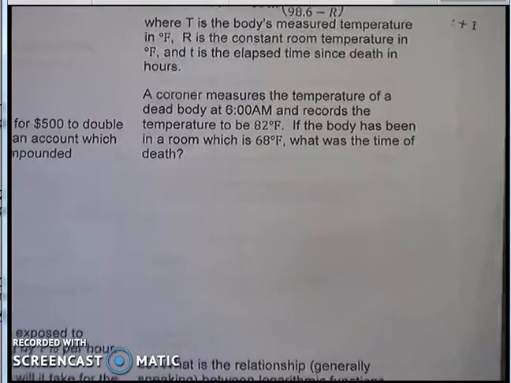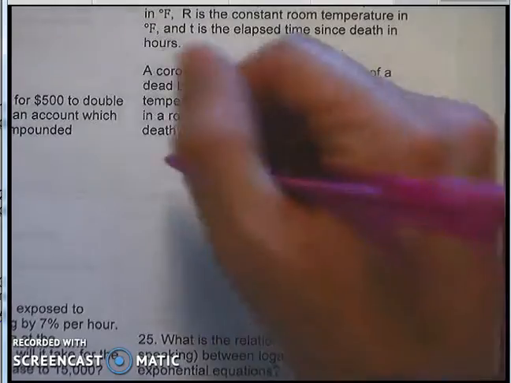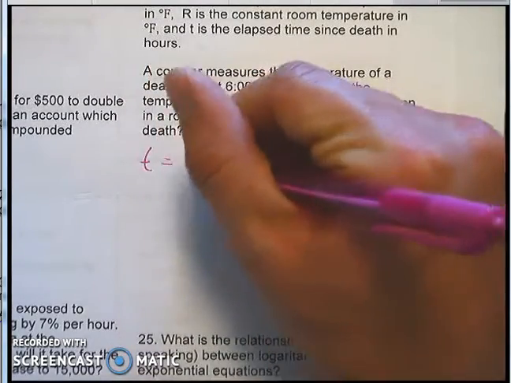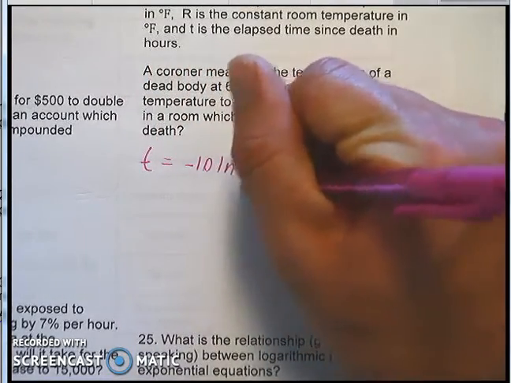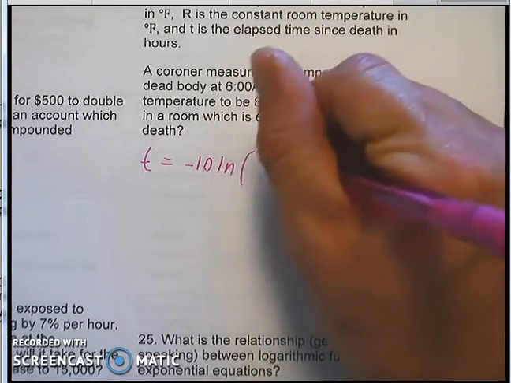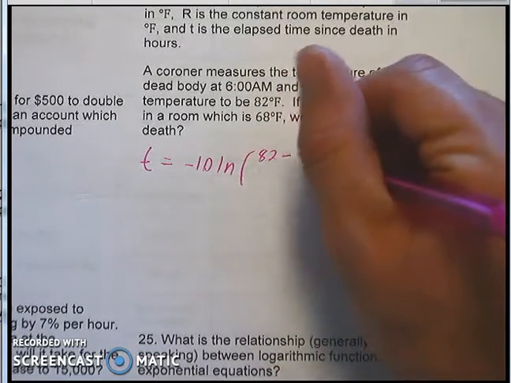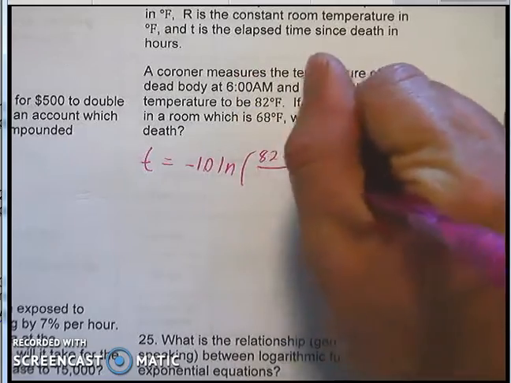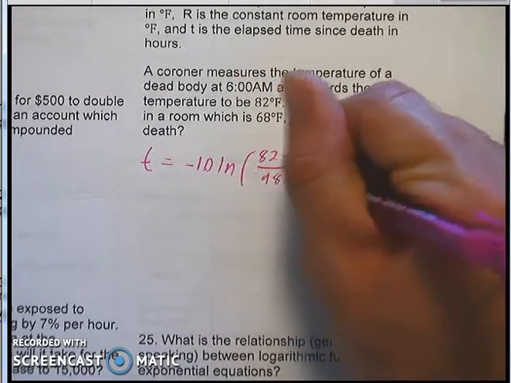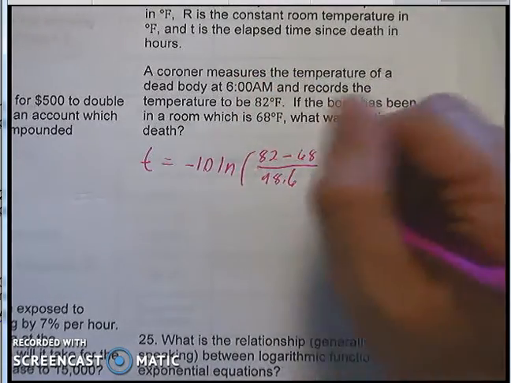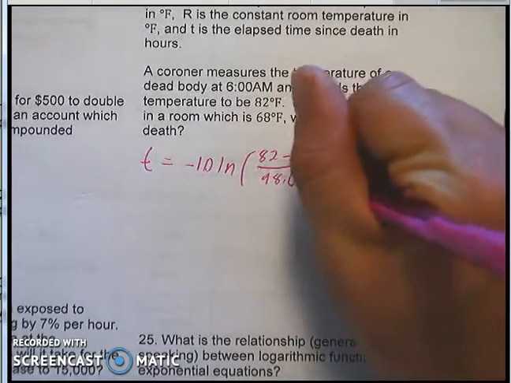So we're just going to plug the information we know directly into the formula. T equals -10 natural log of the temperature, which is 82, minus the room temperature, which is 68, divided by 98.6, which is your temperature when you're alive, minus 68.